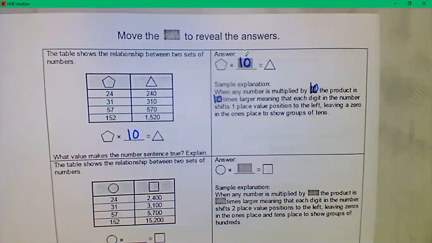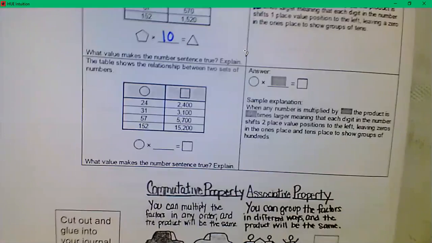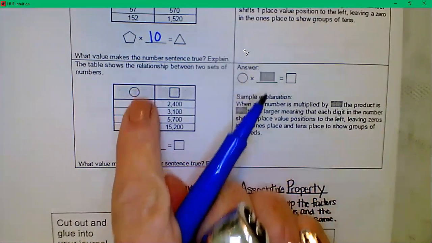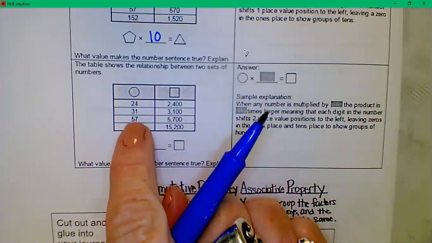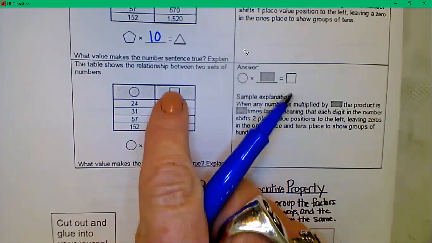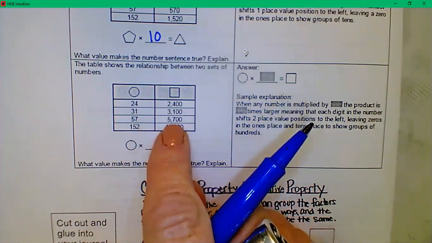Based on what we are learning in this objective, we know that the next example should result in a pattern of what? Times 100. Multiplying by 100. So again, we have numbers provided in the circle, giving us a number, that times a number, giving us the product in the square.